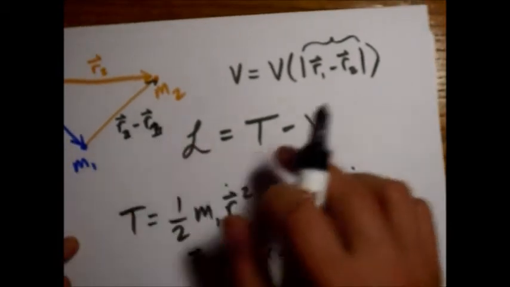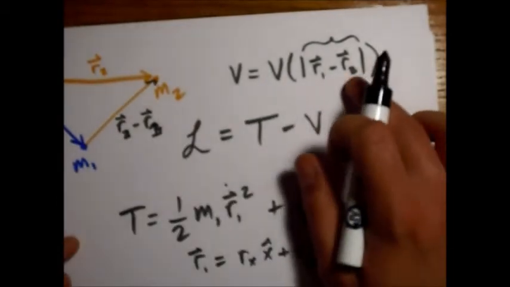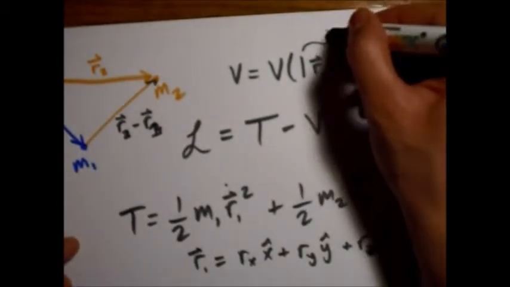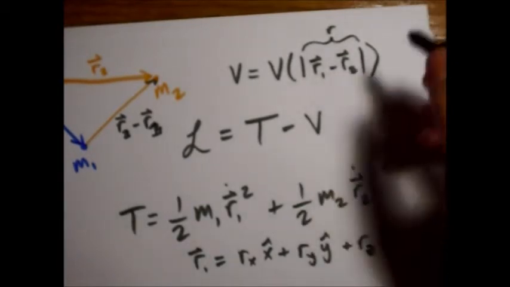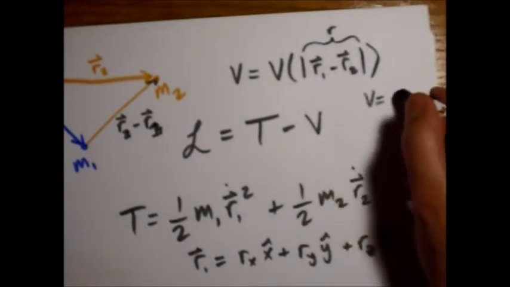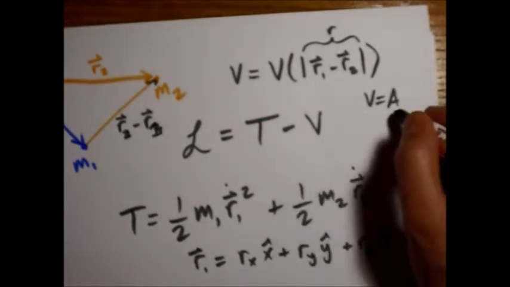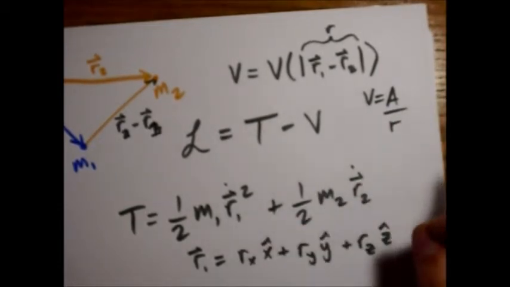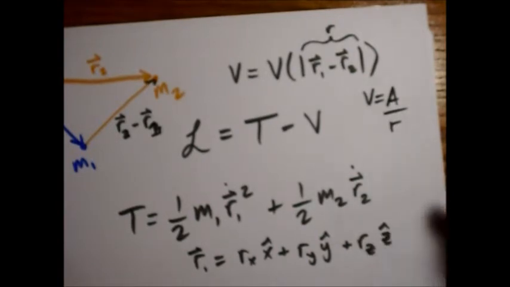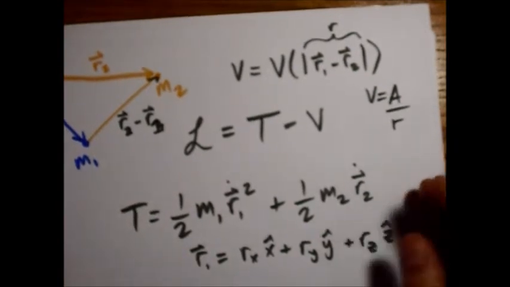If we're looking at the magnitude of this vector, which we'll just call r, generally, in a lot of cases, you get a V equals some constant, we'll call A, divided by r. So this applies to the Coulomb force between two charged particles, or the gravitational force between two masses.